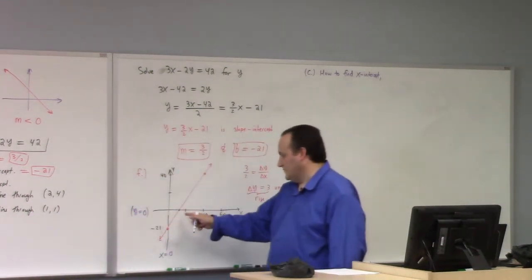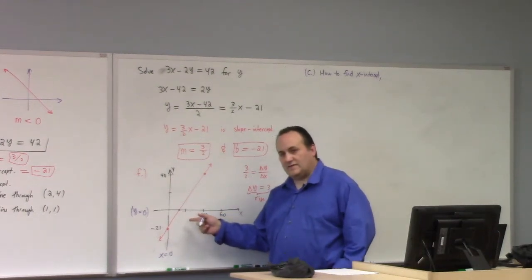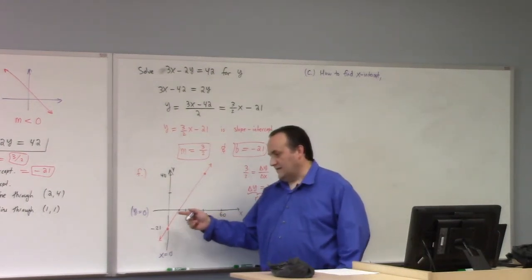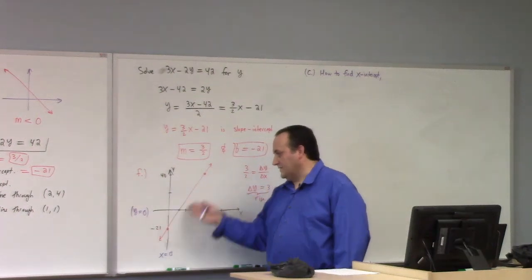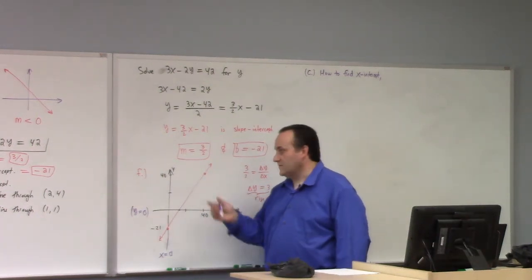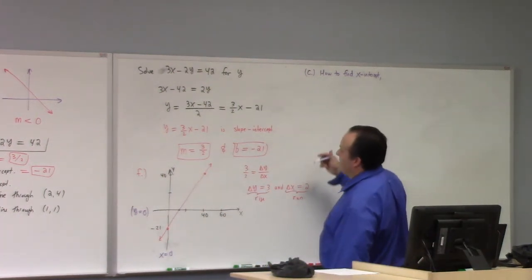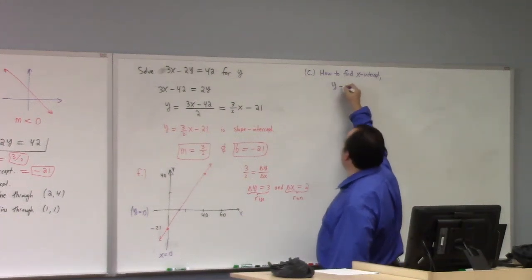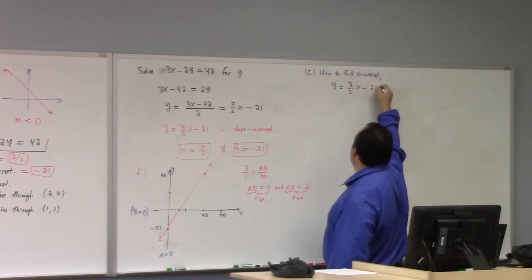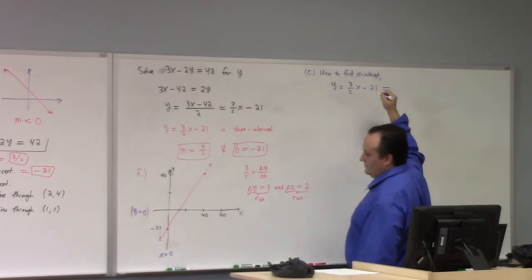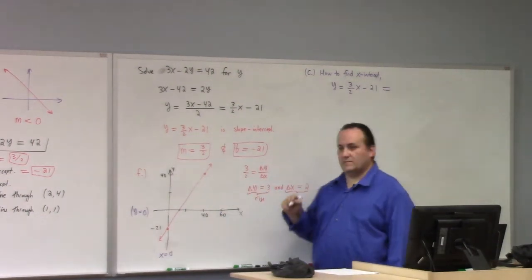So if you're looking for this point, one way you can think about it is you take the equation where y is equal to 0 and the equation is both true. So we have y equals 3/2 x minus 21, but y is also equal to what? 0.